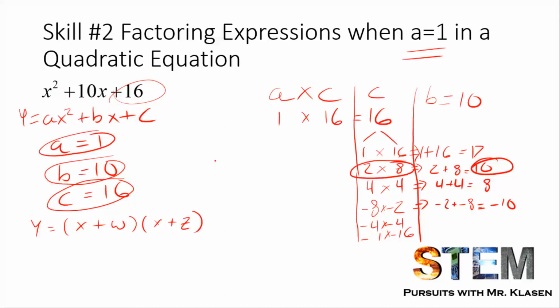And you might be thinking, why does this work? Well, it works because we're trying to do the opposite process of foiling: first, outsides, insides, last. And what we're doing here is finding the insides, and here we're finding the lasts. If you know that these are your factors, this is your w and your z over here.